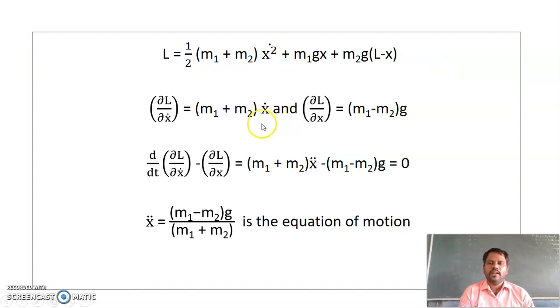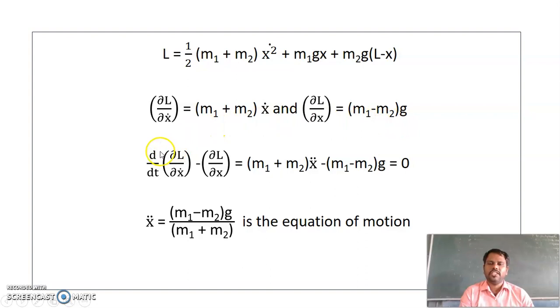Now to apply the Lagrangian equation, I need to differentiate L with respect to x dot and with respect to x. On differentiation, ∂L/∂x dot is (m1 plus m2) x dot. Similarly, ∂L/∂x will be (m1 minus m2) g.